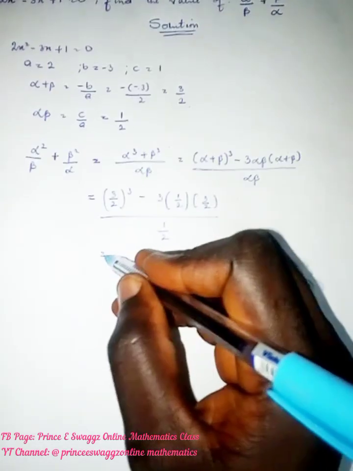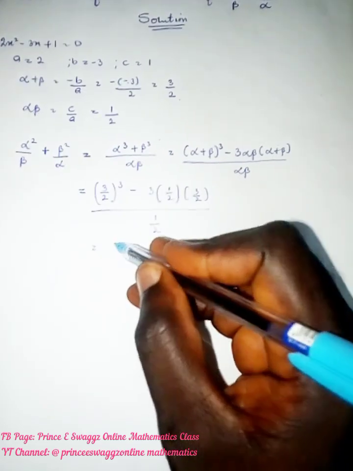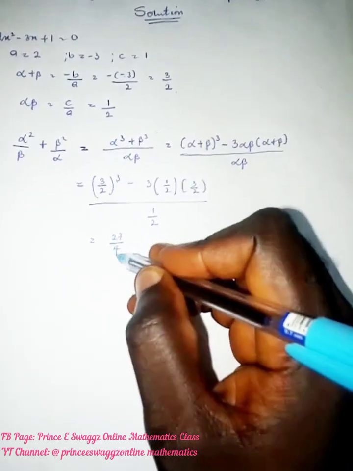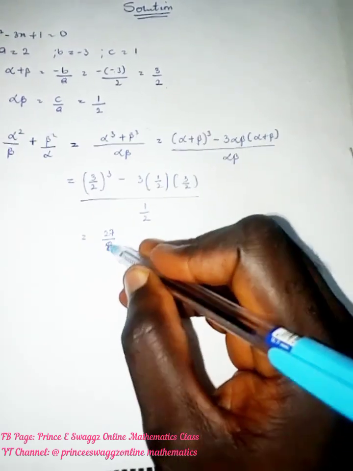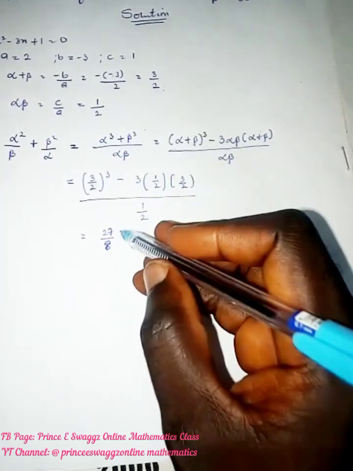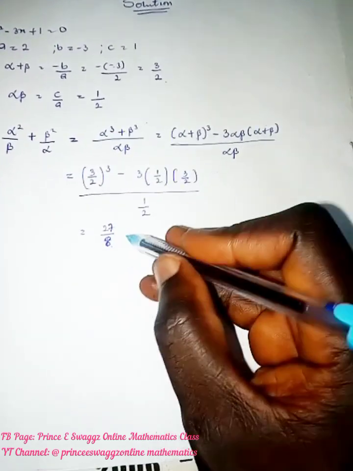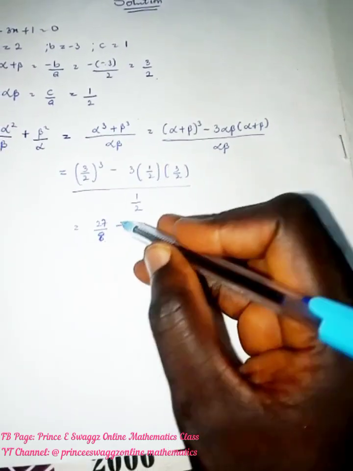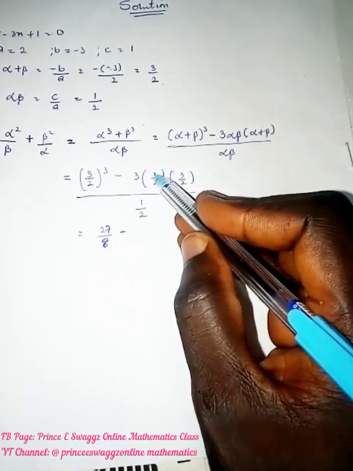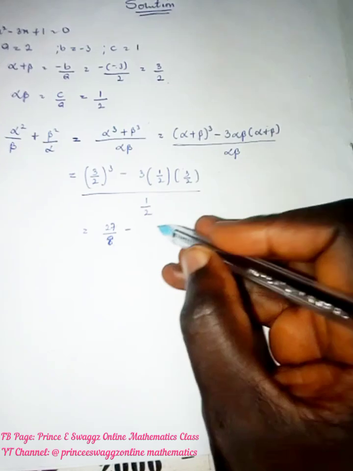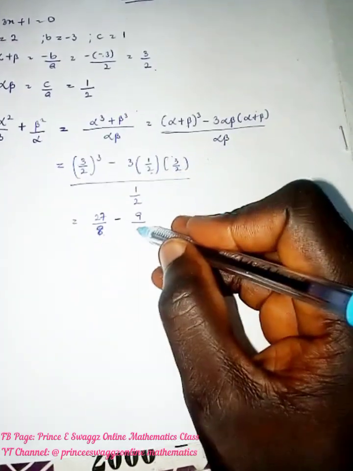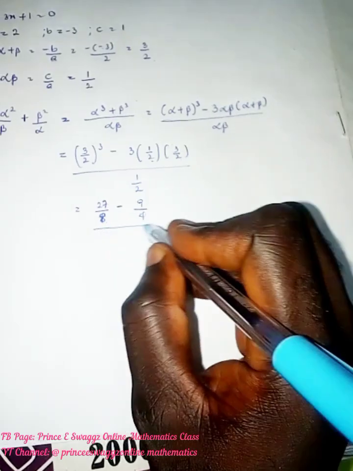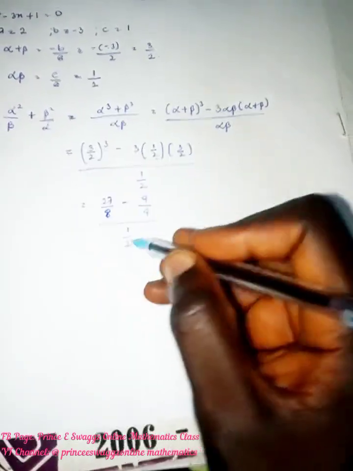This will give us 3 raised to power 3, that is 27, over 4... sorry, 27 over 8, since 2 raised to power 3 is 8, minus 3 times 1 over 2 times 3 over 2, that is 9 over 4.